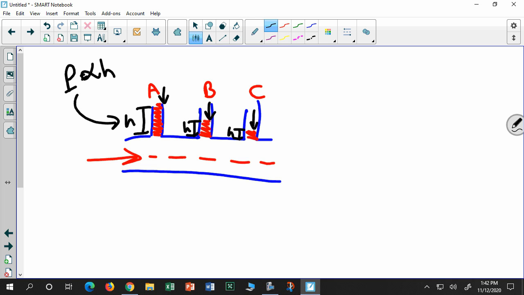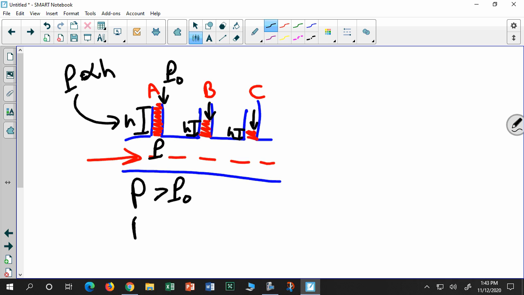I was just confused with the other ones where P naught is greater than P, and the level, if it was lower, the pressure was higher. Well, here, P is bigger than P naught. If this is P naught, and this is P, P is bigger than P naught.